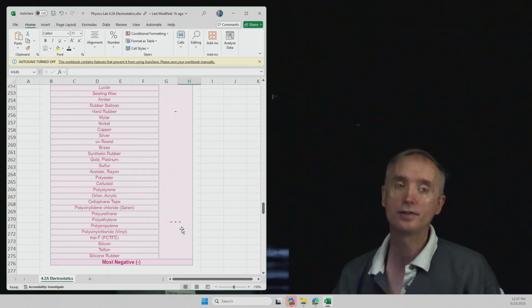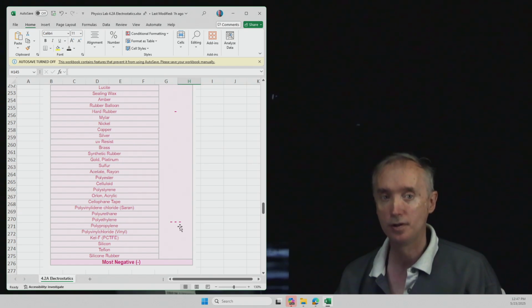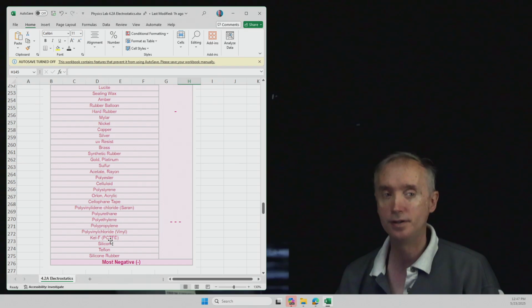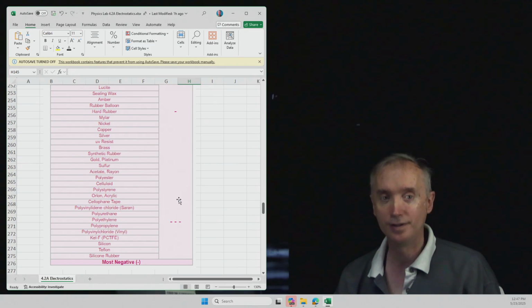Now, one of the questions that I'm going to ask you is, what would happen if you take one of these and you rub it with one of these? Which one's going to be the positive one, and which one's going to be the negative one? Now you're saying, well, they're both going to be negative, because it's negative up here and it's negative down here.